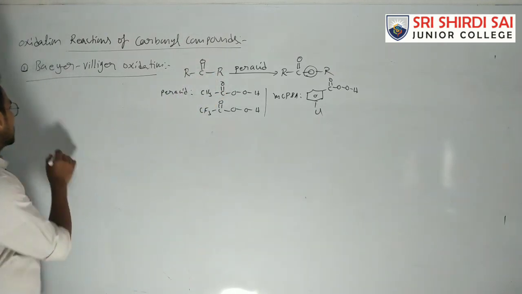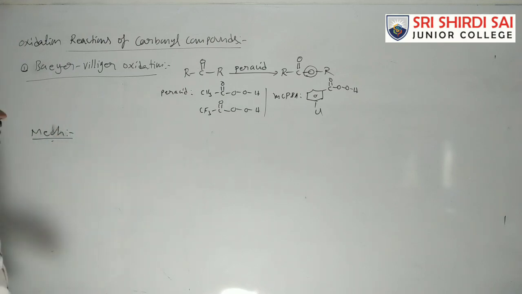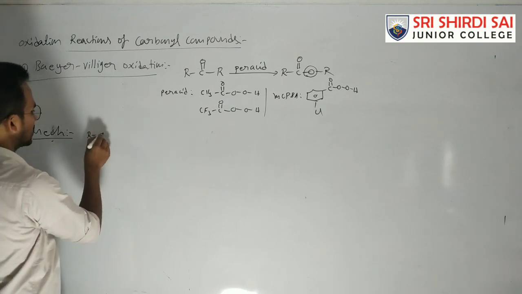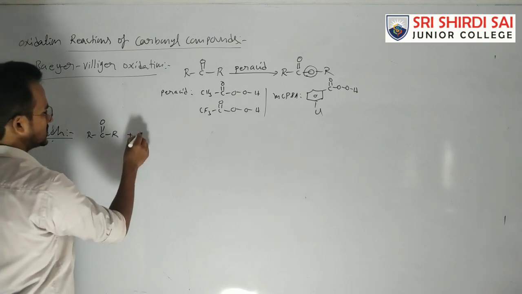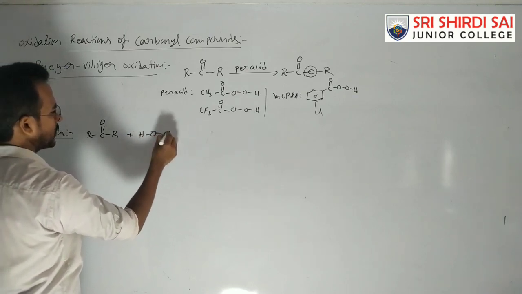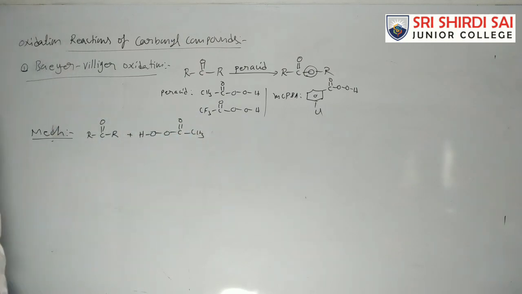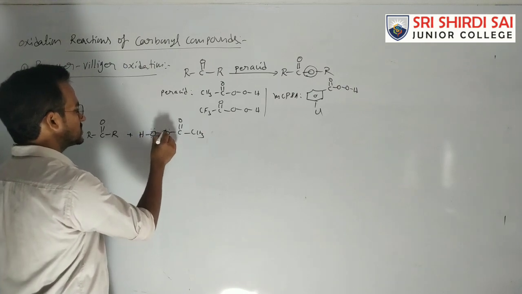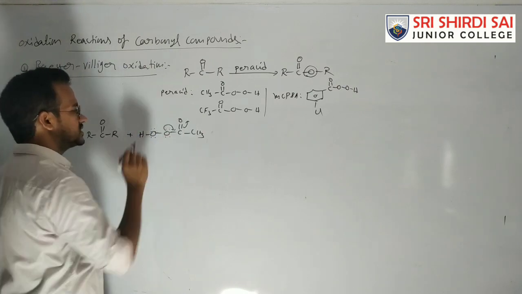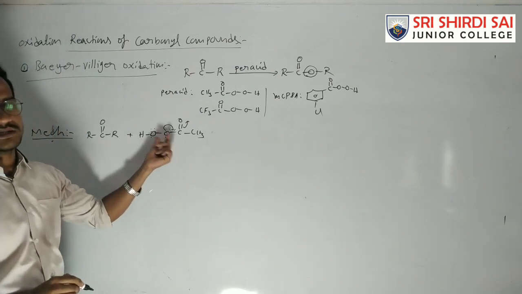Now the mechanism of this reaction. Here is the alkyl group, and this is the peracid. Suppose I am taking peracetic acid. Here, this lone pair of electrons is involved in conjugation with the carbonyl, so this oxygen is less nucleophilic.